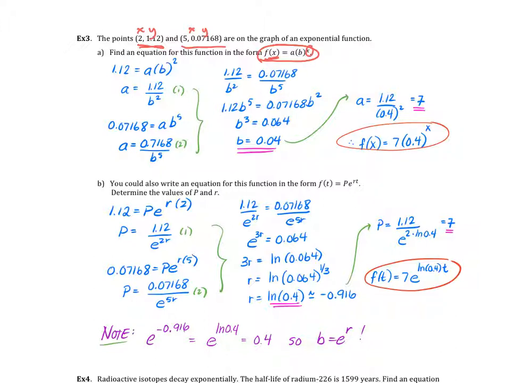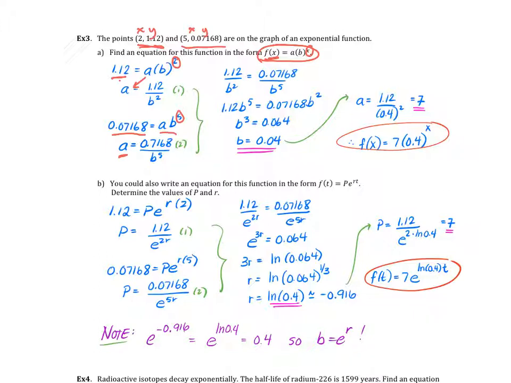My y value is 1.12, so 1.12 equals a times b to the x value, and then isolate and solve for a. We substitute in the other y value of 0.07168 and the other x value of 5, and again isolate a.